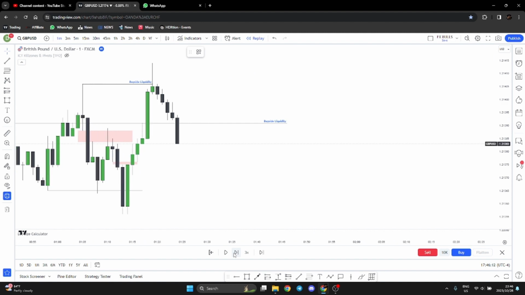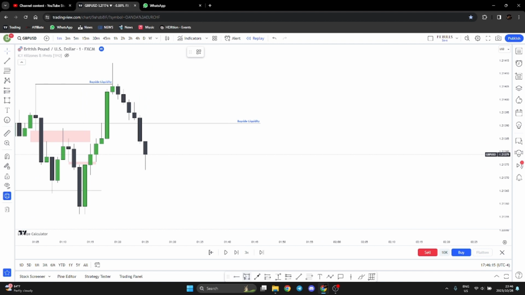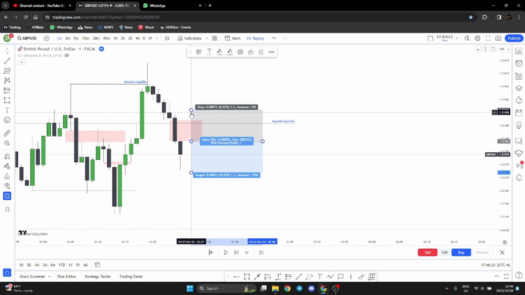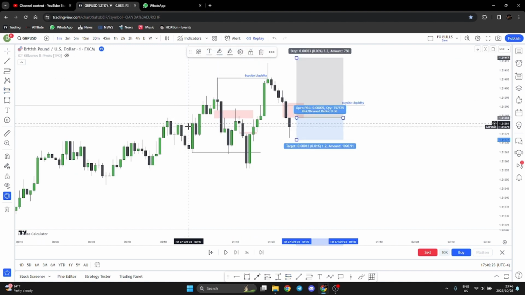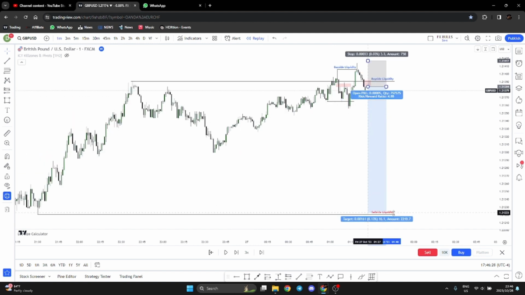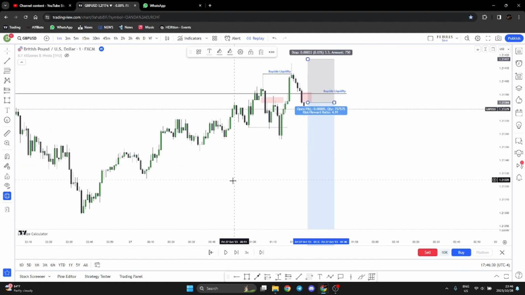So let's see if we can get displacement now. Okay, we've got displacement from this level, so we can potentially sell off here. Stops just above that high, and then you can target Asian low or any of these liquidity levels down below.